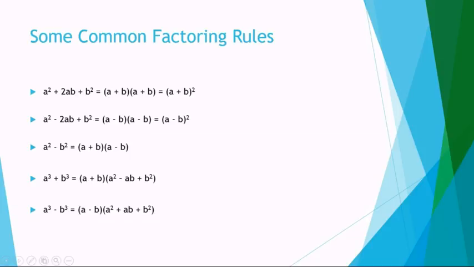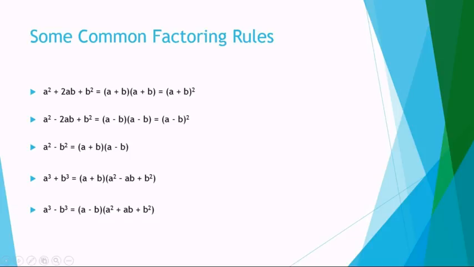Now that we've gone over some factoring methods, here are some common factoring rules, kind of shortcuts. If you ever come across a polynomial that looks similar to one of these, you can just go along the shortcut and automatically factor it to look like this. So if I had A and B, they're variables, they could be any number.